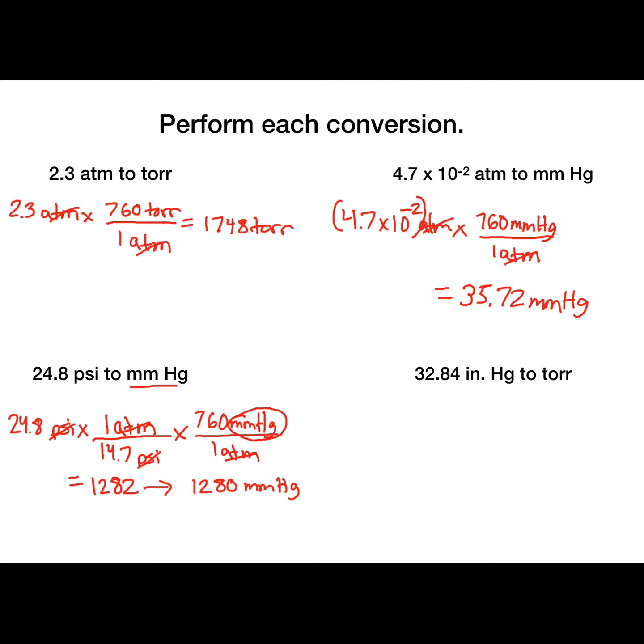Our last one is 32.84 inches of mercury to torr. So same thing, in our textbook it gives us that 1 ATM is 29.92 inches of mercury. Then we can go from ATM to torr, just like in our first example on this page. So let's start with what we're given, which is the 32.84 inches of mercury.